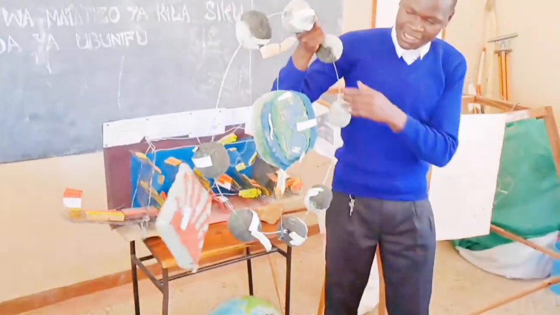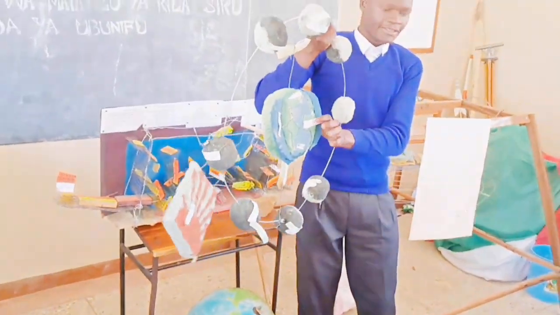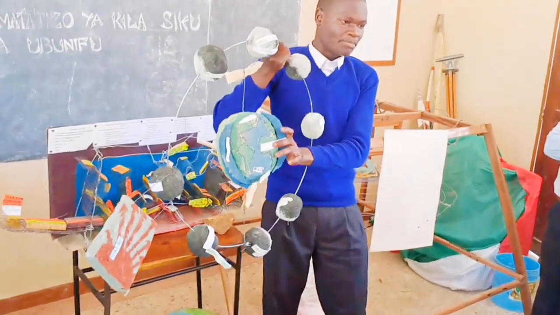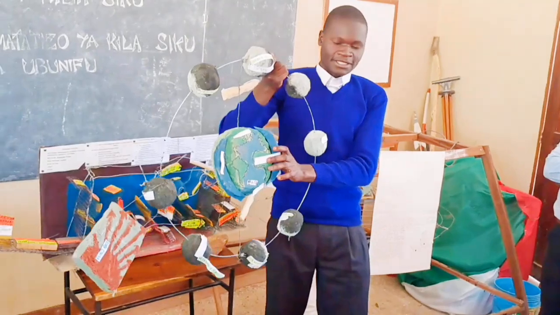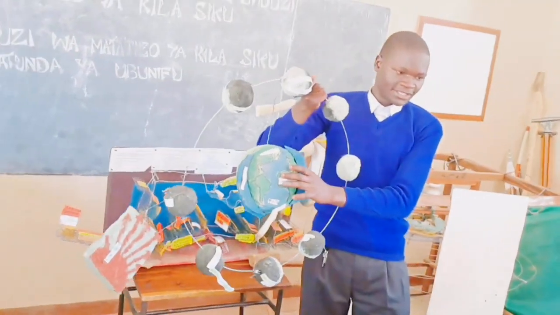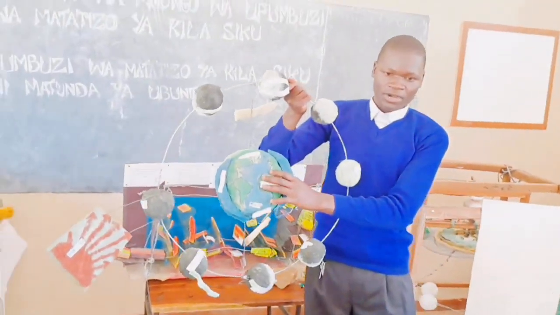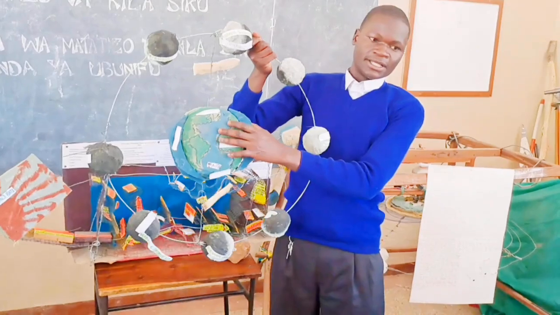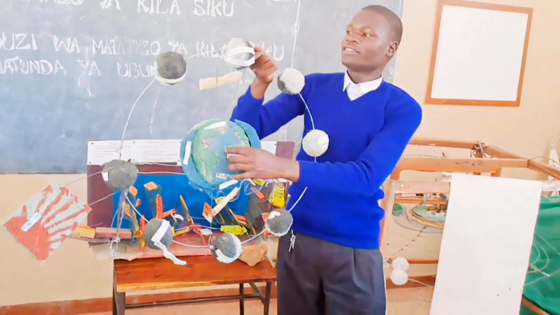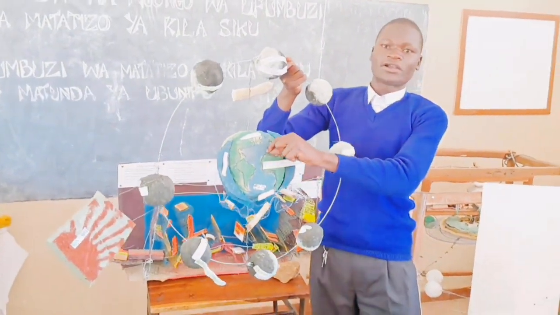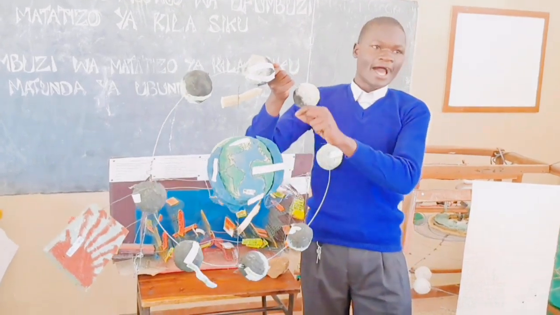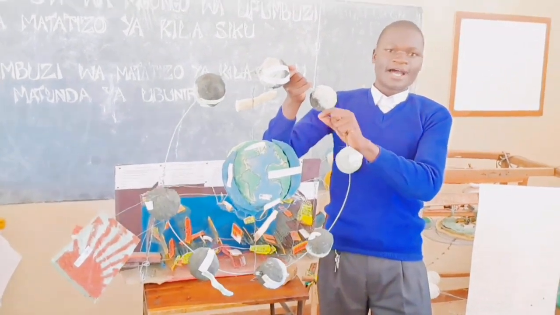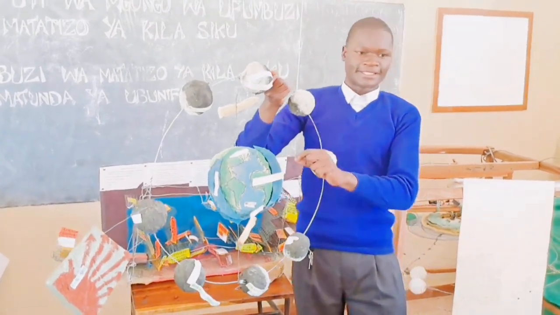Just see this. The earth is made up of three layers. The first layer is called the core, the second is called the mantle, and the last is called the crust. In the core there is high temperature and pressure.